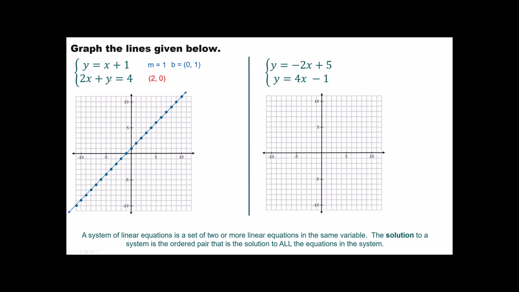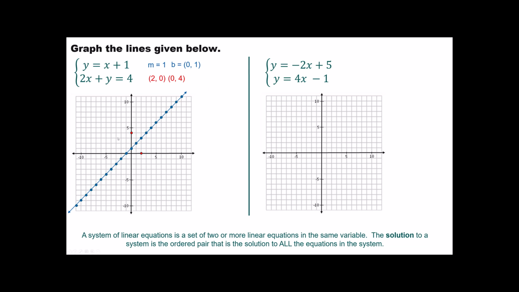Well, plus 0 would be nothing, leaving me with 2x equals 4. I'd divide both sides by 2, and I'd get an x coordinate of 2. I then repeat the same thing with putting a 0 for the x. 2 times 0 is 0, which is essentially nothing, leaving me with y equals 4, so my coordinate would be (0, 4). So I'm going to cross the x-axis at (2, 0), the y-axis at (0, 4).